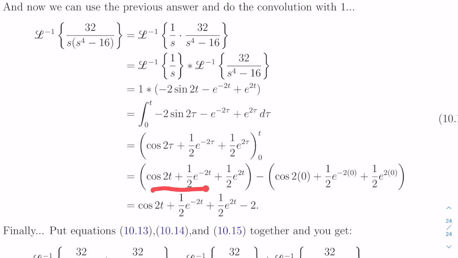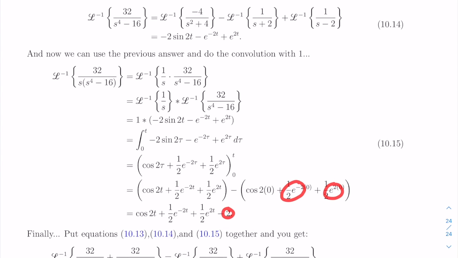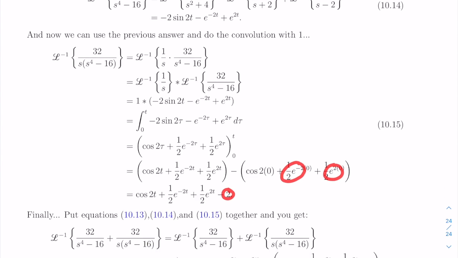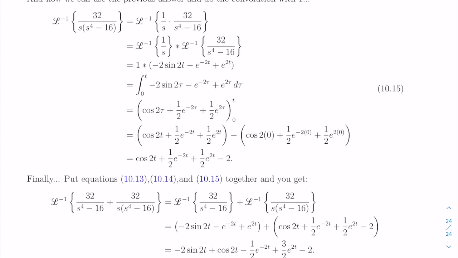Plug in t, you get all this. Plug in 0, you get all this. And this is sort of unfortunate because these aren't just zeros. So that is 1, that's a half, and that's a half. So there's the minus 2. Okay. So put that result together, right?